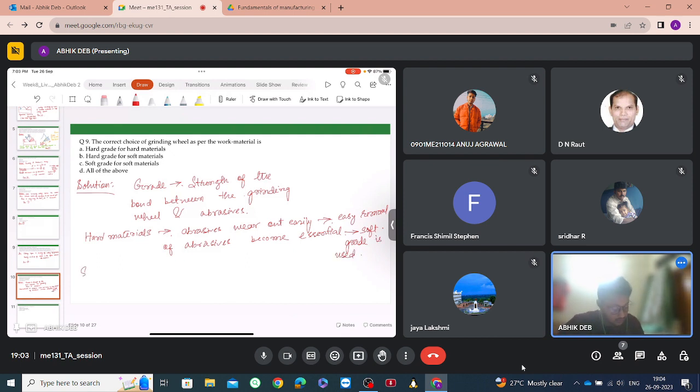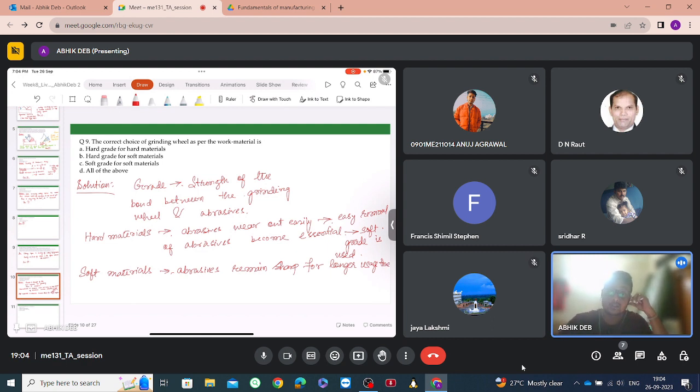Now for soft materials, abrasives remain sharp for a longer usage time. Since the material is soft, the abrasive will not wear out easily, right?